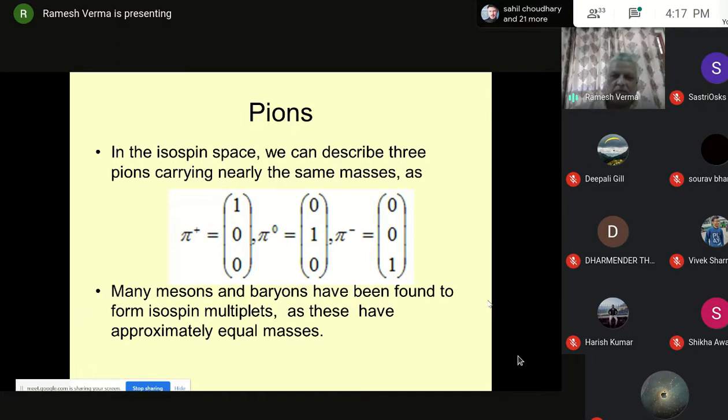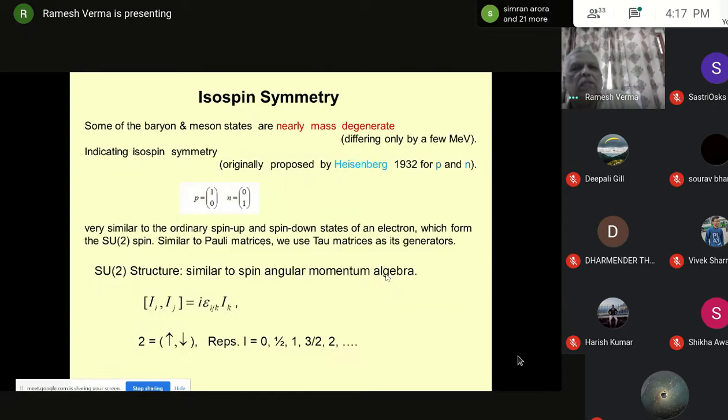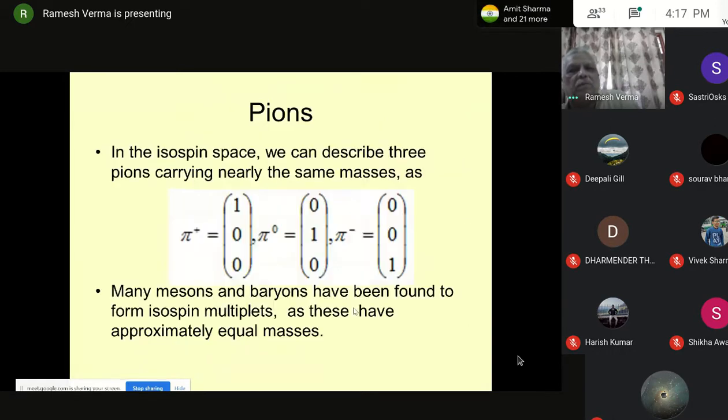So 3 pions are nearly the same mass, giving us more confidence in our isospin symmetry treatment. They can be represented as a 3-component column vector, exactly like proton and neutron forming an isodoublet.